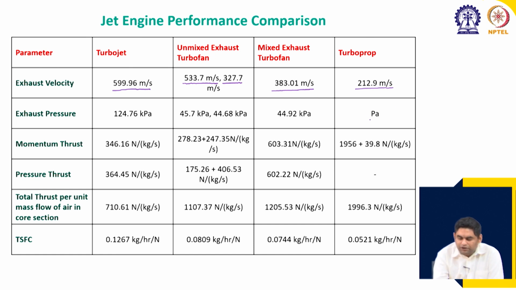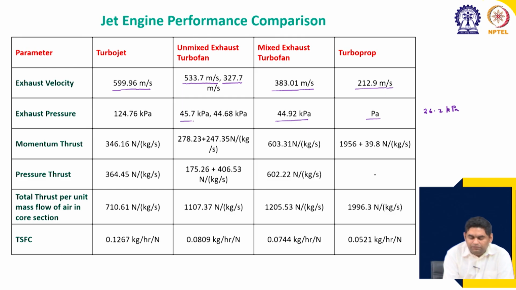Okay. So, for turboprop the nozzle is not choked, so the ambient pressure PA is the exhaust pressure. Then for mixed exhaust turbofan, this comes out to be equal to 44.92 kPa. Remember, what was the value for the ambient condition? In this case it was 26.2 kPa. Okay. So, significantly higher than that.